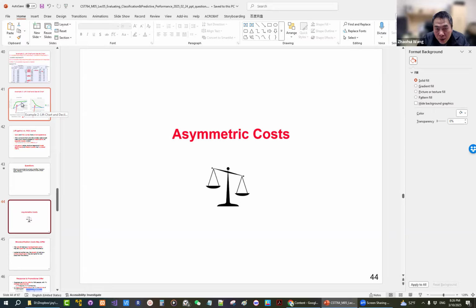We want to emphasize the interest if the feedback can get more benefits. You can emphasize the benefits with more income. If you emphasize the waste of money, you can apply a higher weight for the loss. We can discuss this further for the lift chart and decile chart.